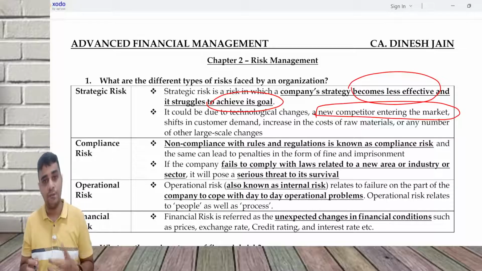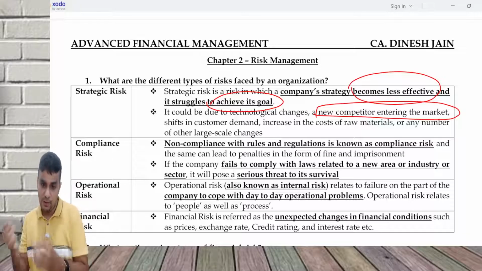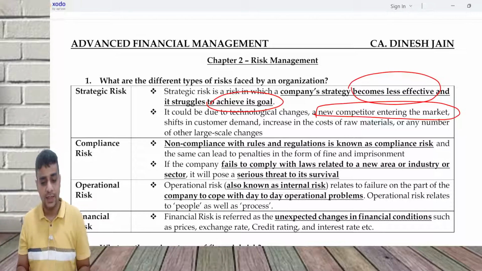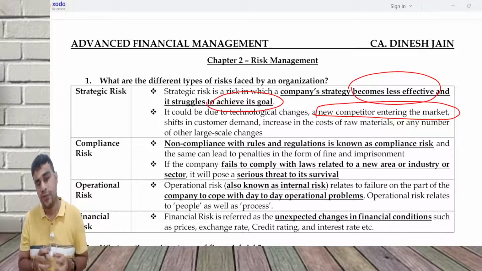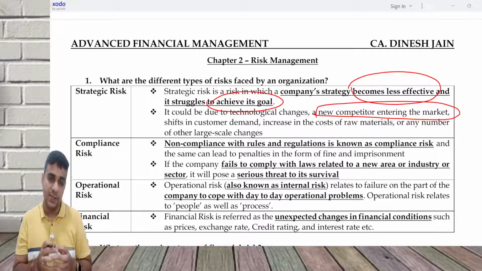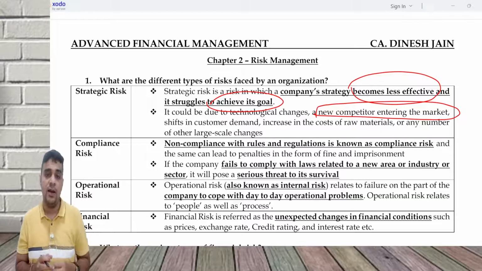They had a goal of becoming maybe a market leader or improving revenues, improving profitability. All those goals they were finding it difficult to achieve because a new competitor entered the market. The moment the new competitor entered, you see a lot of changes happening, and because of these changes, they were finding it difficult to achieve the required result.